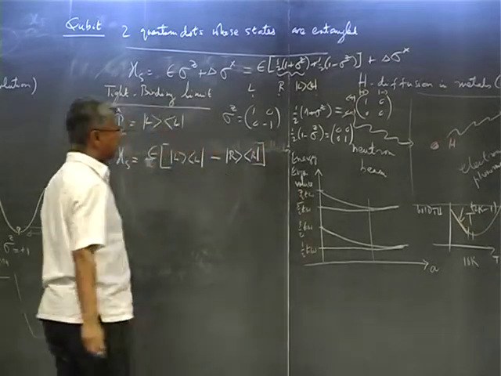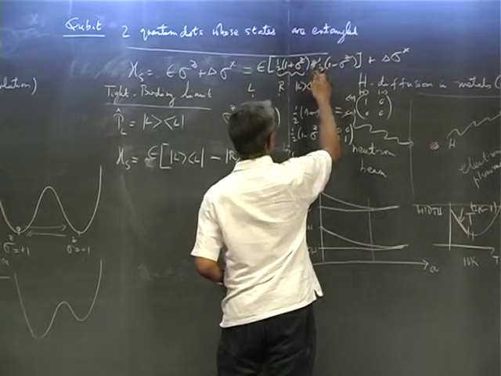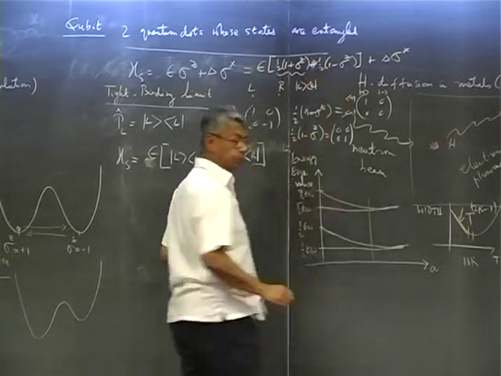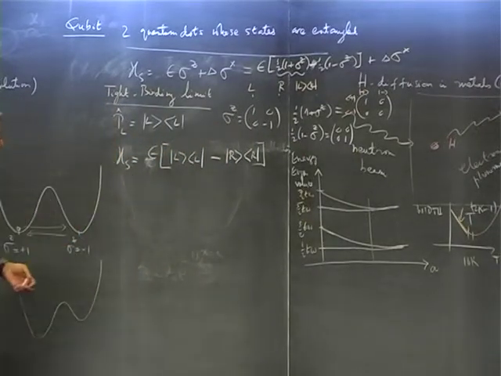So that's your sigma z. Because, I'm sorry, I should have written a minus sign here. Yeah, are you asleep? Why didn't you notice that?